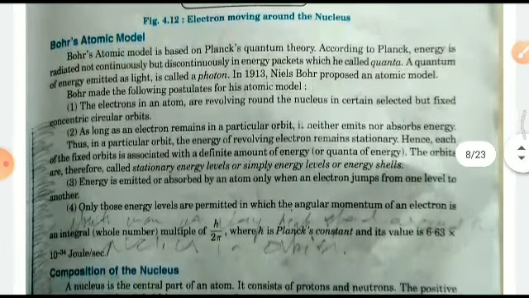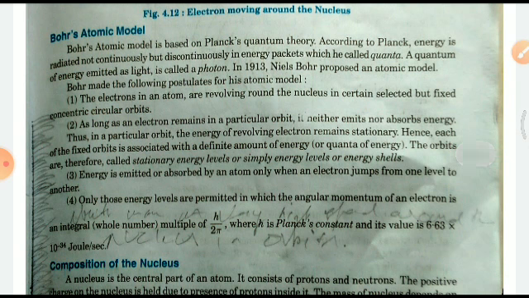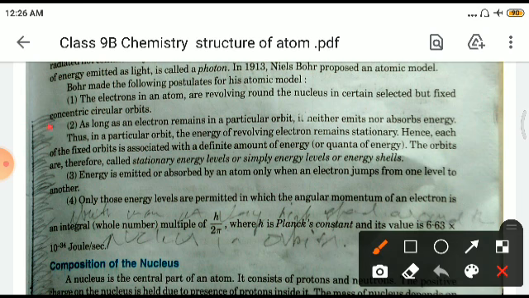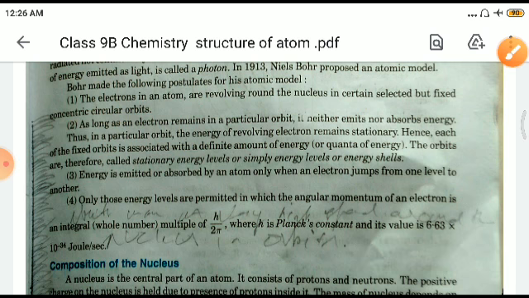So Bohr said the electrons in an atom revolve around the nucleus in certain selected but fixed concentric circular orbits. This is very important: he gave the concept of concentric circular orbits. As long as an electron remains in a particular orbit, it neither emits nor absorbs energy.